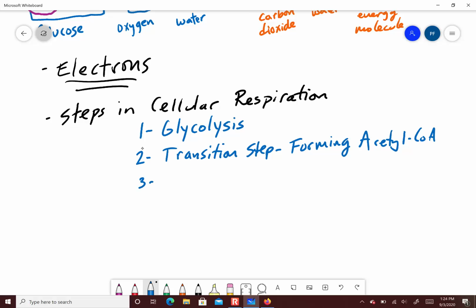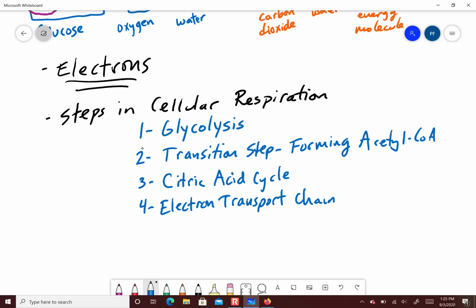I know one of the activities we're using is just going to call it a transition step, but that transition is required to head into step 3, which is called the citric acid cycle. So we take the end product of glycolysis, we turn it into acetyl-CoA in step 2, and then we're ready for the citric acid cycle. And then the last step is called the electron transport chain.